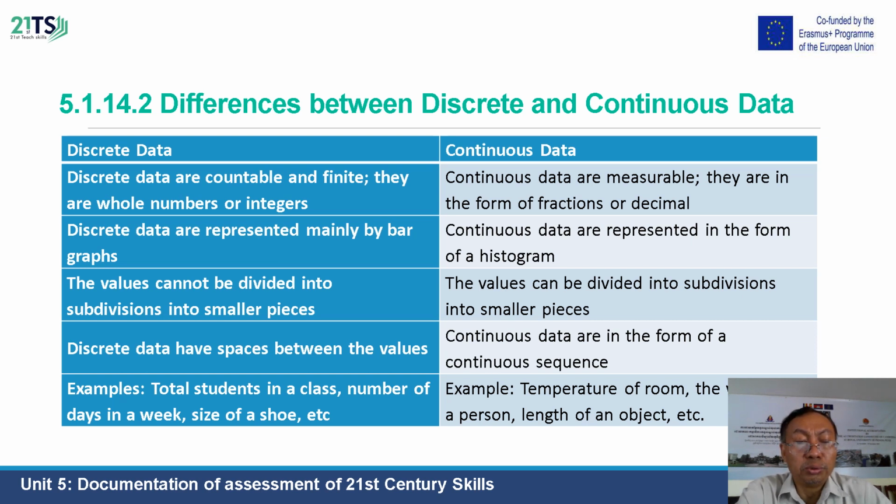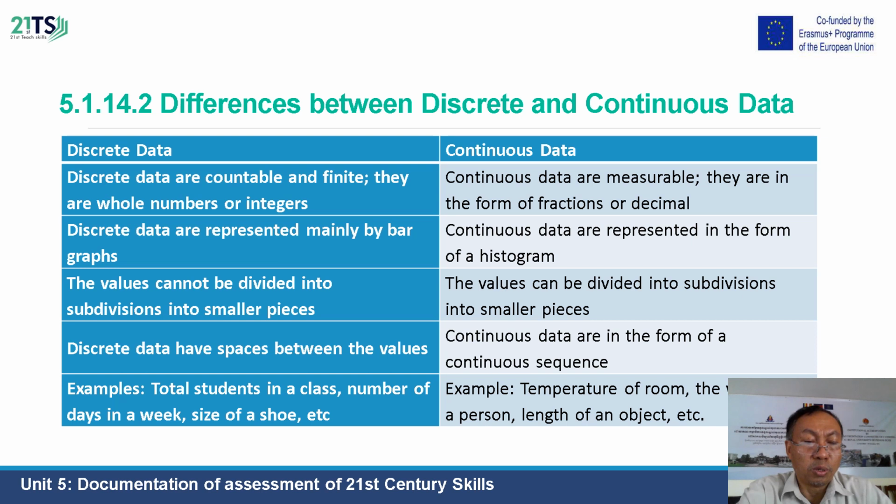The values in discrete data cannot be divided into smaller pieces, whereas the values in continuous data can be divided into subdivisions of smaller pieces. Discrete data have spaces between the values. Continuous data are in the form of a continuous sequence.